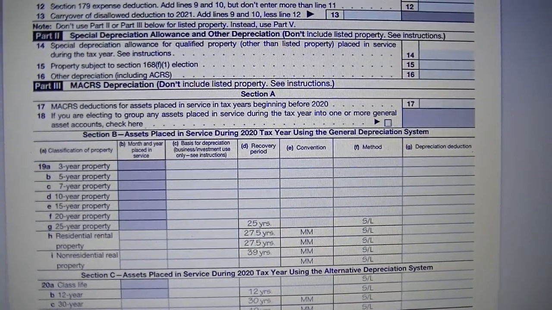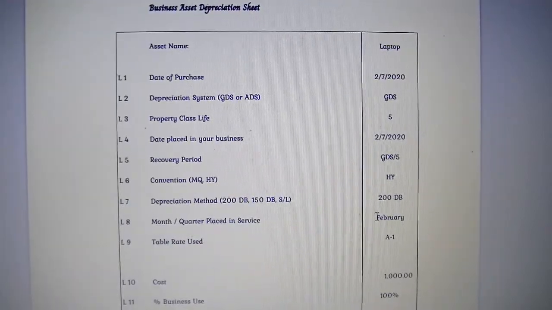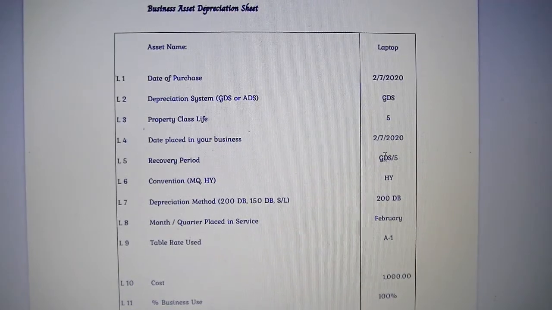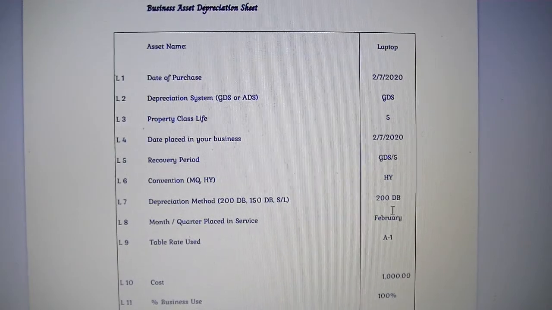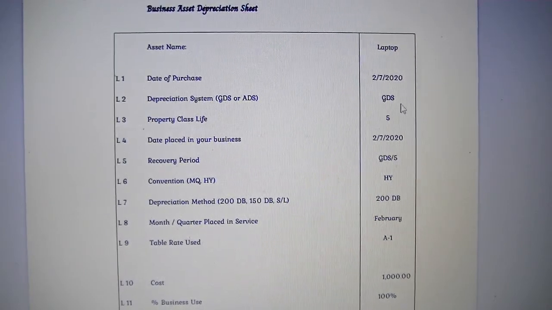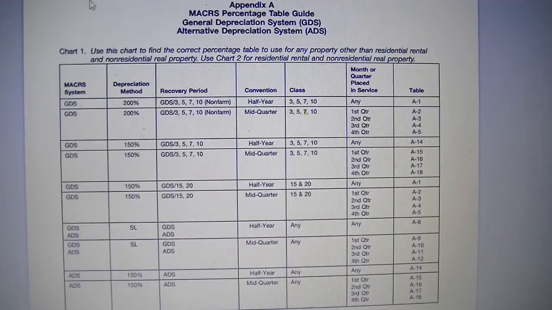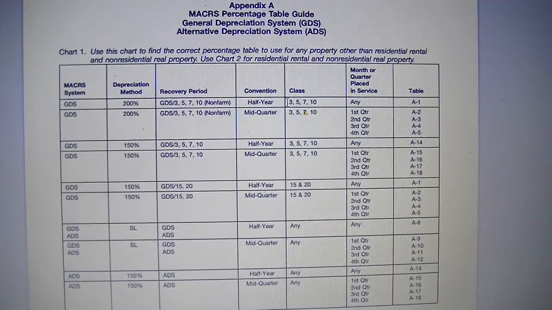So let's go back again, and month, quarter placed in service is February, and we need to find the rate. So knowing the recovery period, the convention, and the depreciation method, and the depreciation system, we will find the rates table to use.